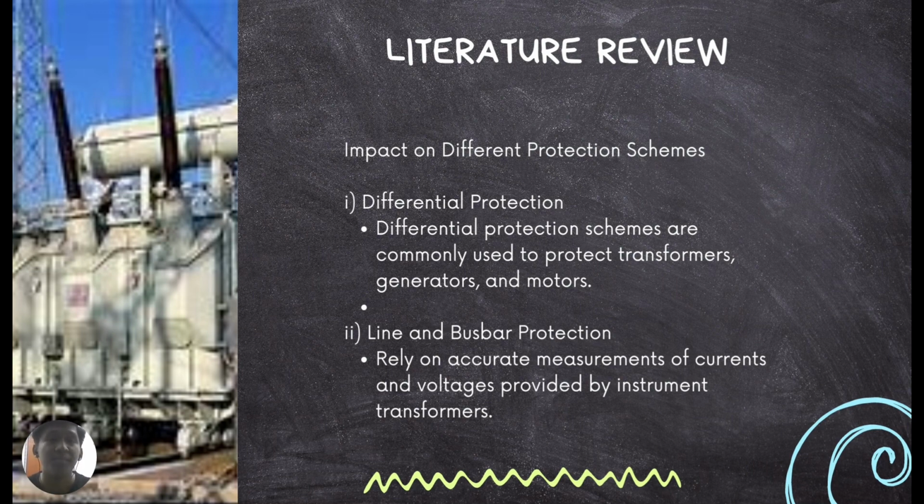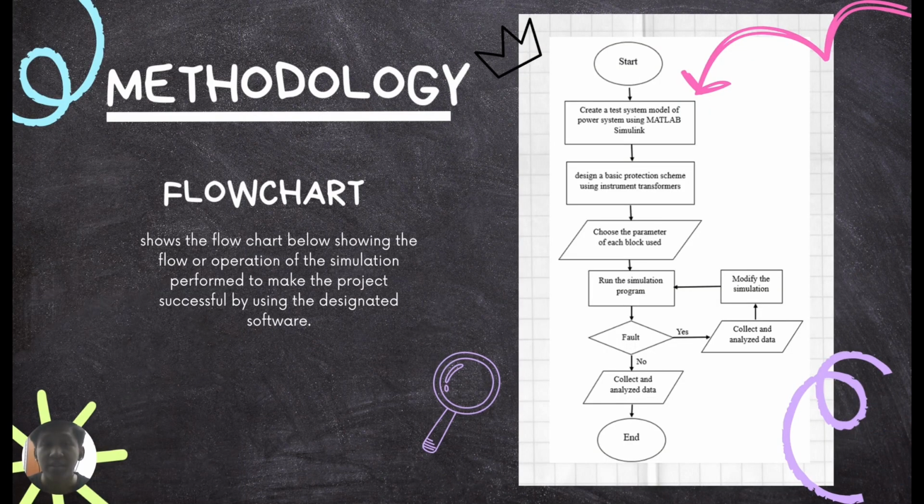The second point of the different protection schemes is line and busbar protection, where transmission line and busbar protection rely on accurate instrument transformer measurement. Meanwhile, the error can affect the sensitivity and cause false tripping. So that's all from the literature review. I will pass the methodology section to our group member. Thank you.